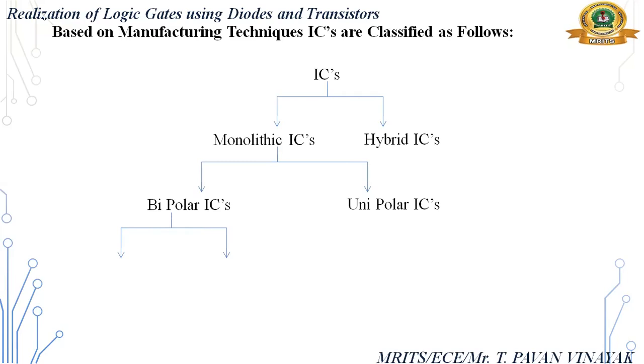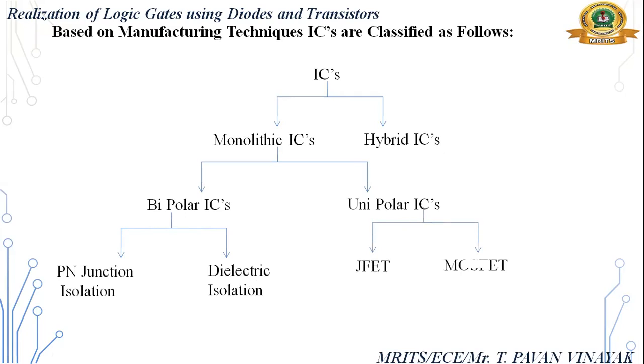Bipolar means it has two polarities, positive and negative. So PN junction isolation, dielectric isolation. Unipolar is classified into JFET and MOSFETs. These are the classifications according to the IC technology, the fabricating technology.